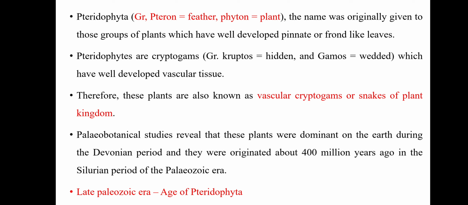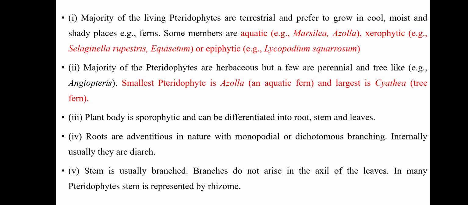So they originated in the Silurian period of the late Paleozoic era and flourished or dominated the earth during the Devonian period. So the late Paleozoic era is known as the age of Pteridophyta.